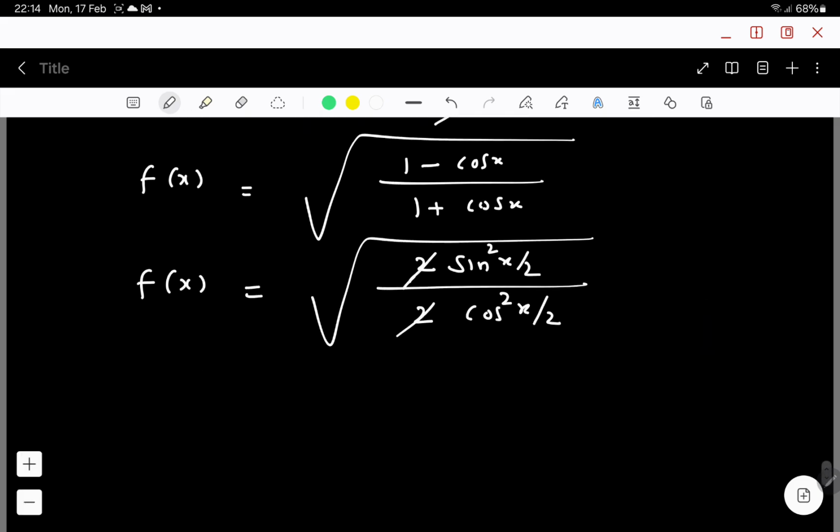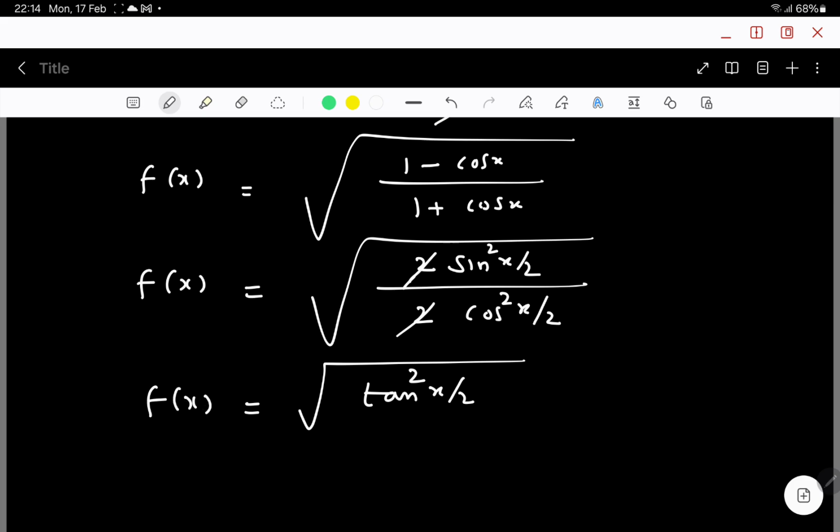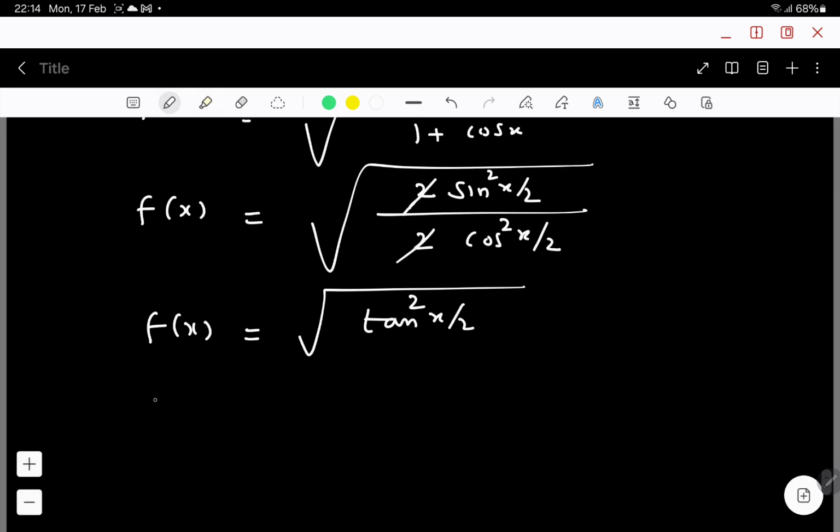Sin square by cos square. We know tan is equal to sin by cos. So square root of tan square x by 2. So f of x equal to square root of tan square x by 2, which is tan x by 2.